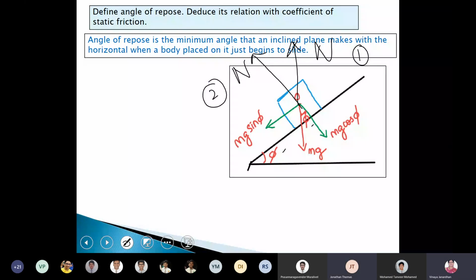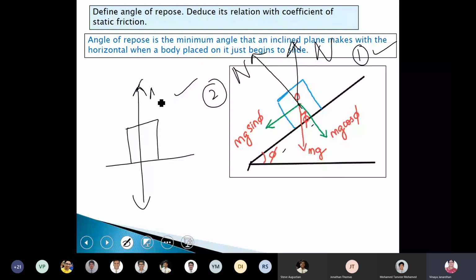How many of you are going for 1? Someone is saying 1, someone is saying 2. Boys, it's 2. If the block is on the surface, always remember that your normal reaction will be always perpendicular to the surface.